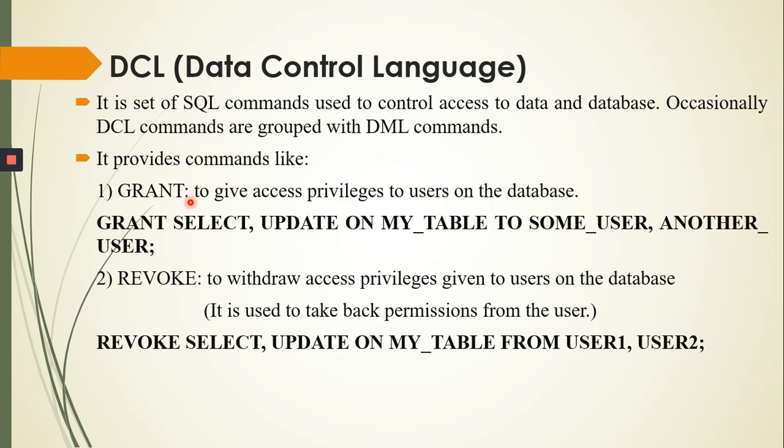So the syntax is grant select or update on some table name to some users. Like this, revoke select or update on some tables from user 1 and user 2. Here we are taking back permission from user 1 and user 2 on some tables. So the grant command is used to give permission and the revoke command is used to take back permission. These are the DCL commands for the security of the database.